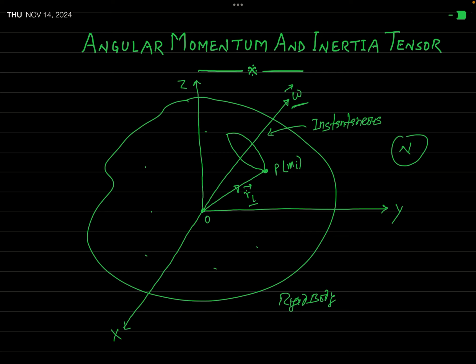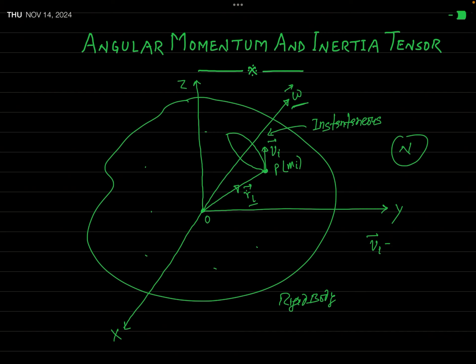Now, as you have seen, omega is the angular velocity of the body. So the angular velocity of this ith particle will be also equal to omega. And if its linear velocity is Vi, it means Vi is the linear velocity of ith particle, then you know how this Vi is defined.